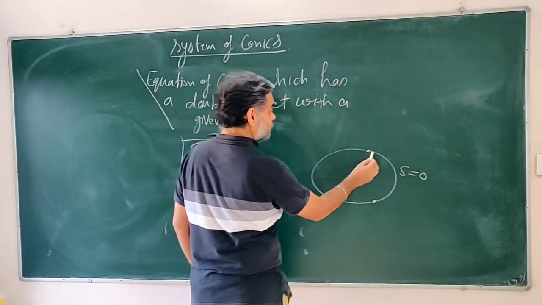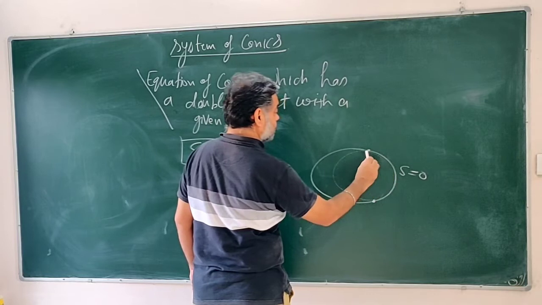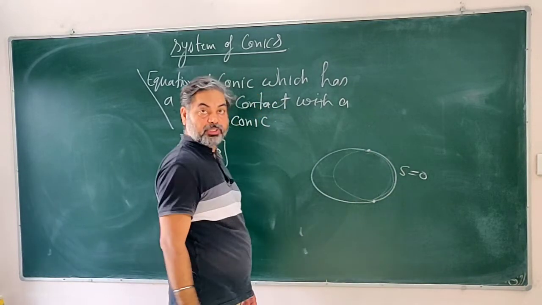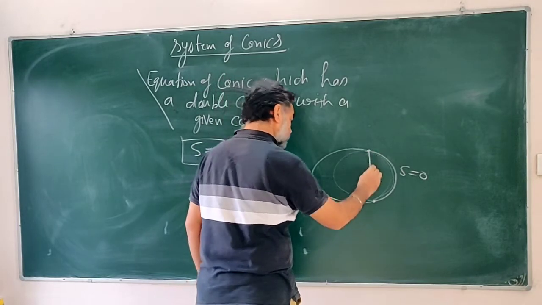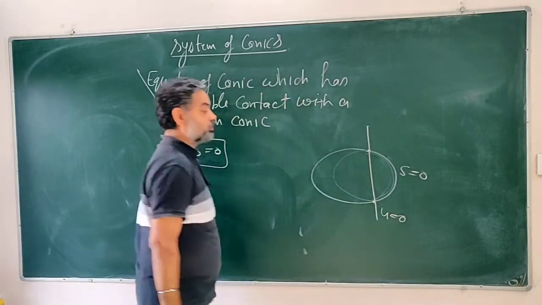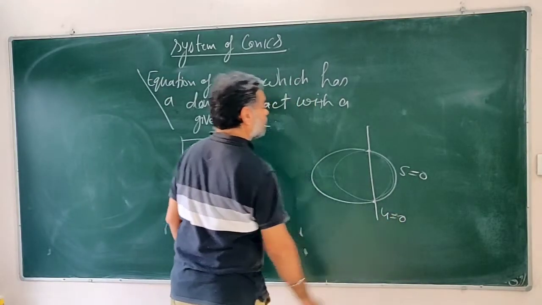We have to find the equation of a conic like this, which has a double contact at these 2 points. Suppose the equation of this straight line is u equal to 0. Alright.